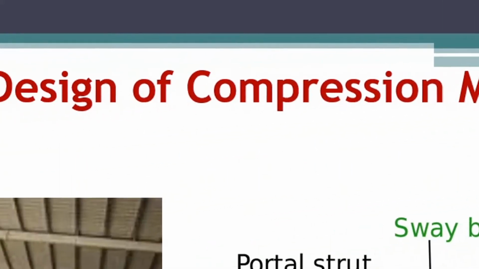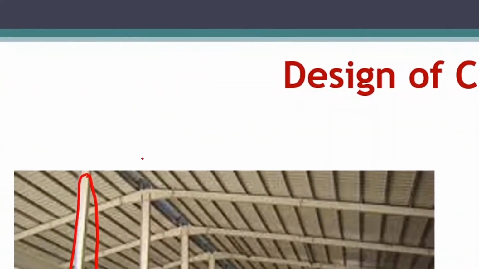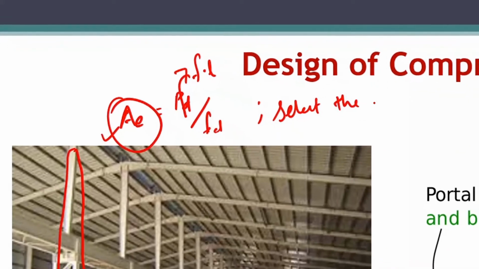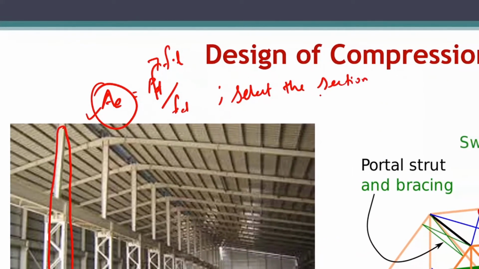Once the stress is assumed, you need to calculate the area required to withstand the factored load. Once you know the area, then from steel tables, select the section. Here it could be a built-up section, or a single I section, or channel sections connected back to back, or a single angle section for this strut.